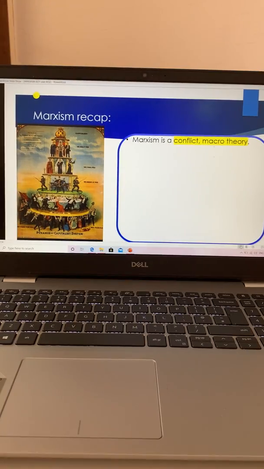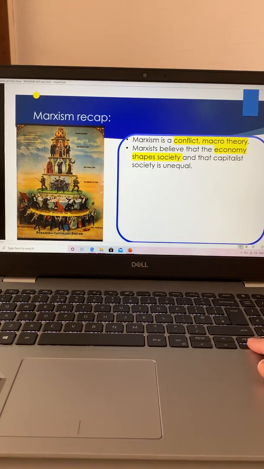So it's a conflict macro theory. That means it looks from the top down. So it's looking at how your corporations, the government, the education system, the healthcare system, how they are controlling and manipulating individuals. So it's a conflict macro top-down theory, and it's looking at how it shapes society.